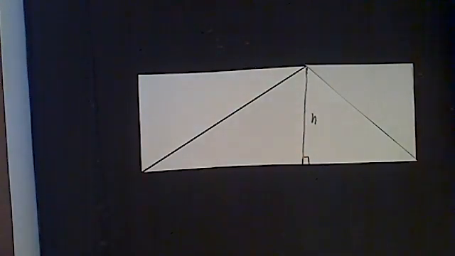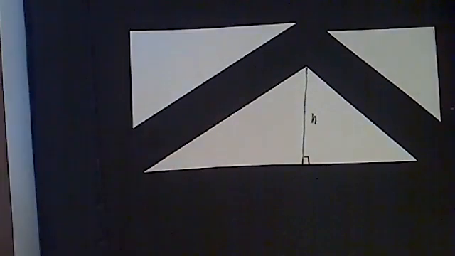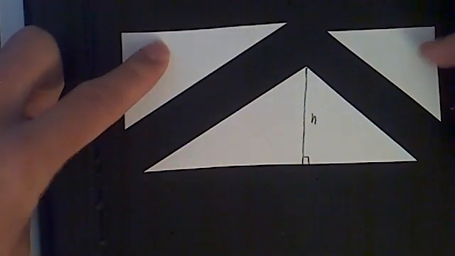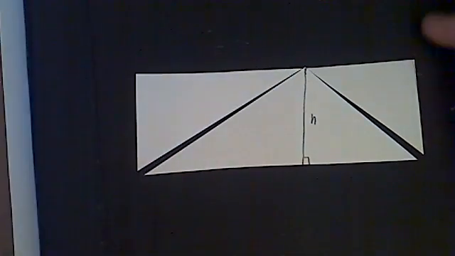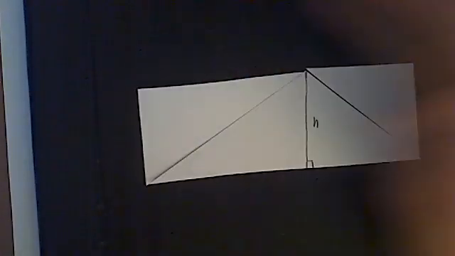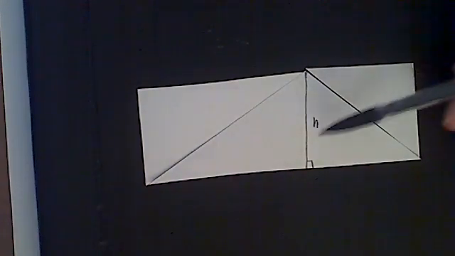So what have we done to the area of our original triangle? Well, we took the exact same triangle and we added it to it. So we've doubled that area. And now we formed a rectangle. The rectangle has a base or a length, and it has a width or a height. If we take the length times the width of the rectangle, we should have twice the area of our original triangle.